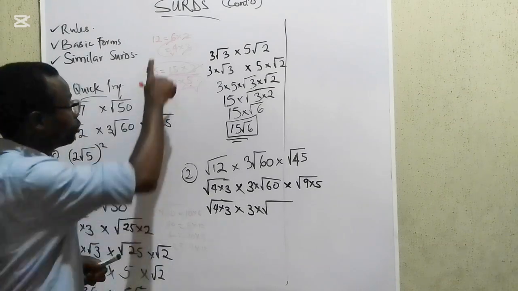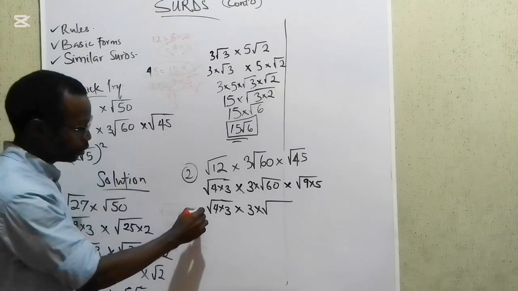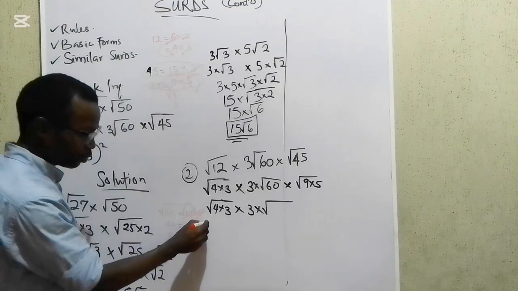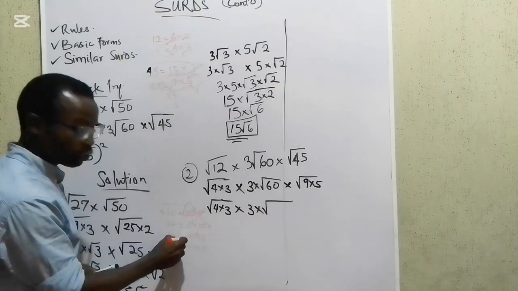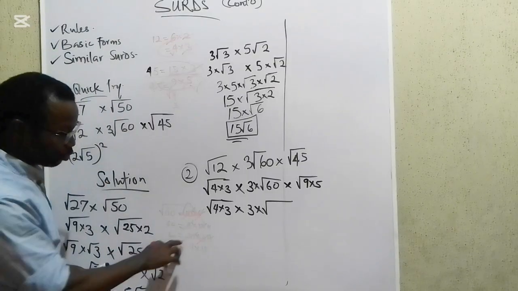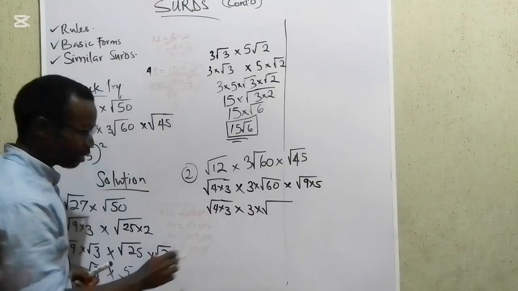Let's do the same way we did here. This doesn't have a perfect square root, this doesn't, so this particular one is wrong. This doesn't, this doesn't, so this combination is wrong. This doesn't, this doesn't, so this combination is wrong. This doesn't have a perfect square root, but this has a perfect square root.